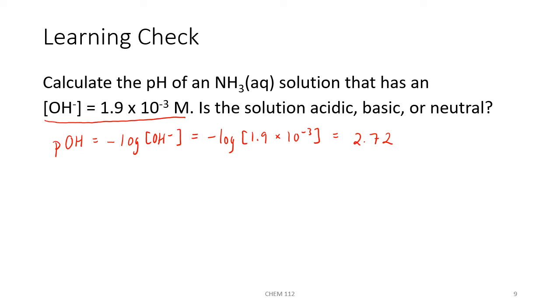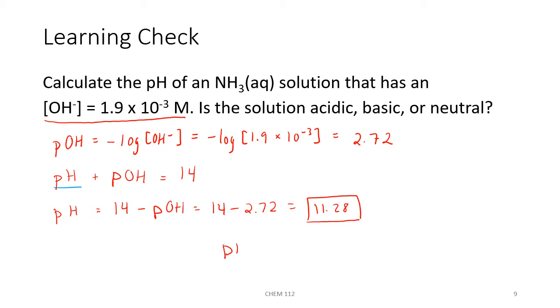2.72. And then from here we can use the relationship that pH plus pOH is equal to 14. We can rearrange and solve for the pH of the solution. So the pH will equal 14 minus the pOH, which will be 14 minus 2.72, or a pH of 11.28.